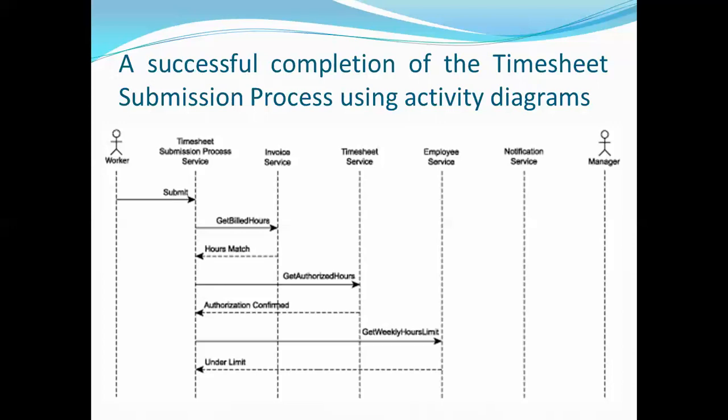After providing the timesheet data, the billed hours data is fetched from the invoice table, and from that invoice table the billed hours are retrieved and compared with the timesheet recorded hours. If the hours match, then accept the timesheet, else reject the timesheet.